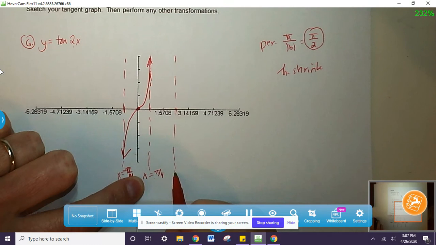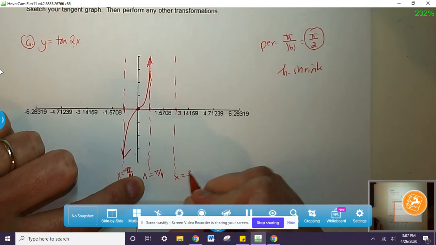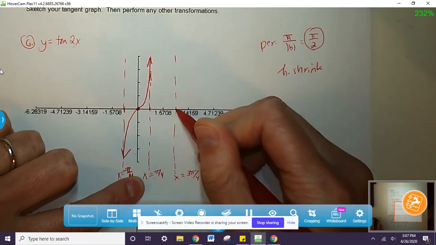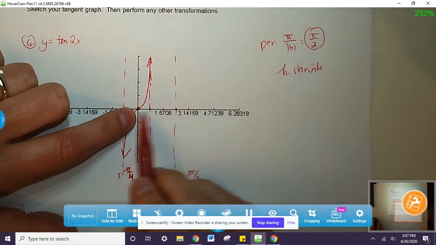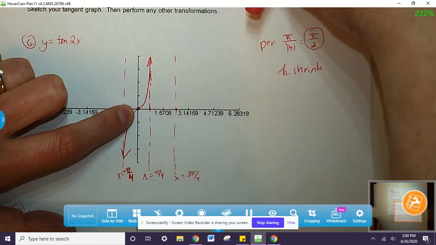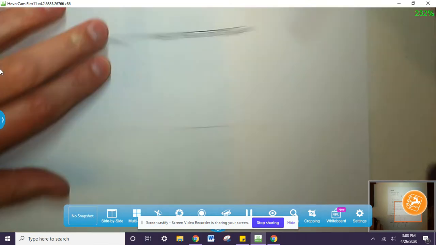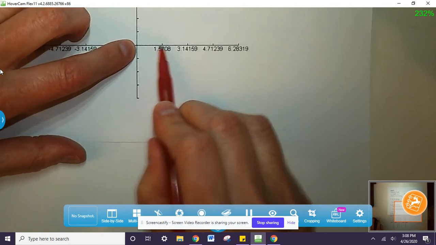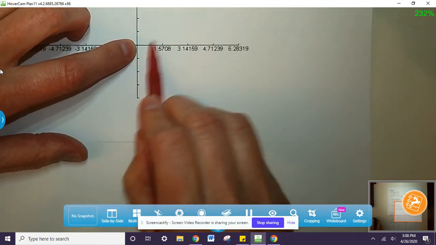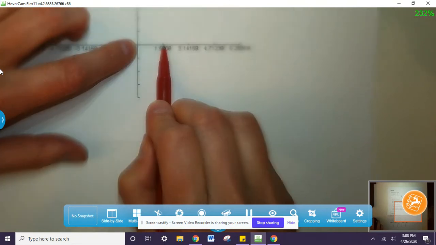So if I go pi over 2 to the right, that's actually going to put me at 3 pi over 4. And it's half a tick mark and half a tick mark. Because think about the distance on this graph paper. Let me slide up for a second so you can see it without the graph on it. On this graph paper, 1 tick mark is pi over 2. So half a tick mark is pi over 4. Another half of a tick mark is another pi over 4, which gets you to pi over 2.